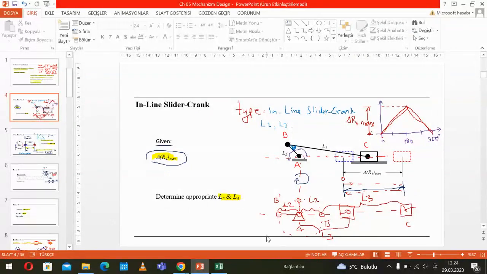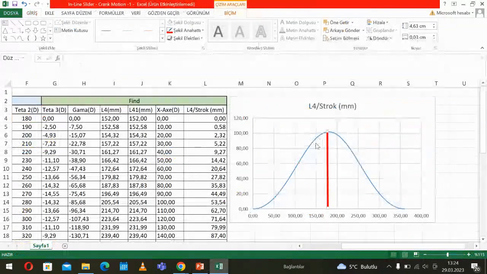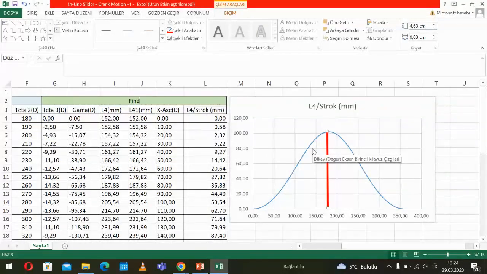So the first derivation of this curve, you will learn that, the derivation with time, will give us the velocity, and we can calculate that analytically. First derivation is the velocity.